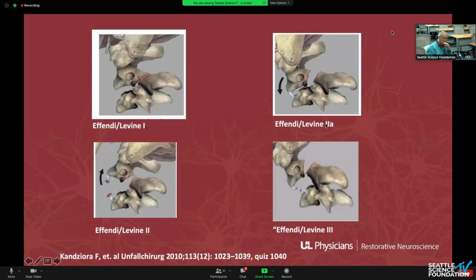And the 2A, which we talked about already, is really a significant hyperangulation, usually with the intact ALL, but it's a highly kyphotic injury. And then the Levine 3 is when you have locking of the posterior facets, a very highly unstable injury.